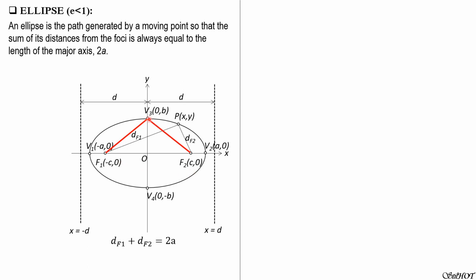When the moving point is at D3, because the sum of the distances is 2a, by symmetry, the distance of D3 from F1 would be a, and D3 from F2 would also be a, as shown in the figure. And since this is b, the relationship among a, b, and c would be a squared, the longest, is equal to b squared, the semi-minor axis squared, plus c squared.